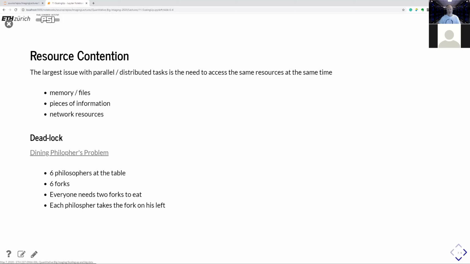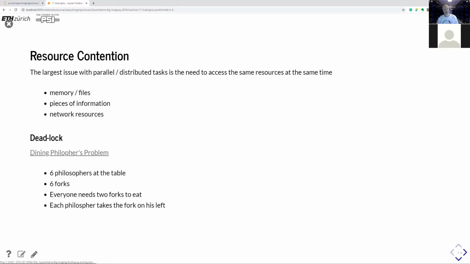And then we come to a classic anecdote in parallel computing called the dining philosophers problem, where you have 6 philosophers sitting around a table and 6 forks.